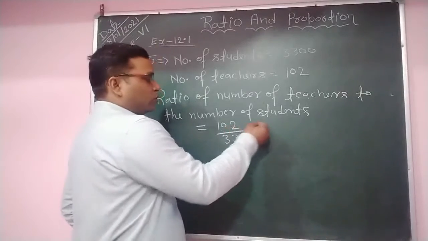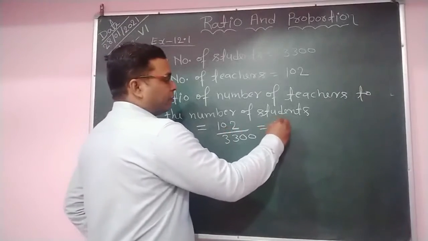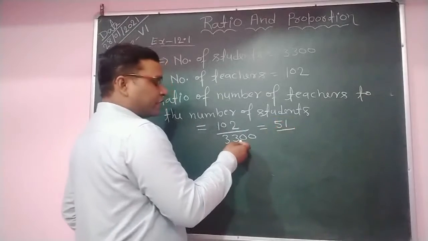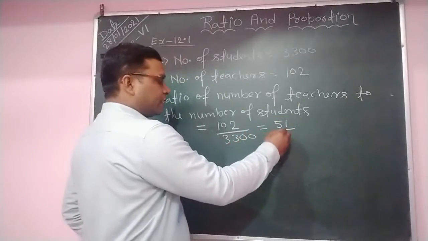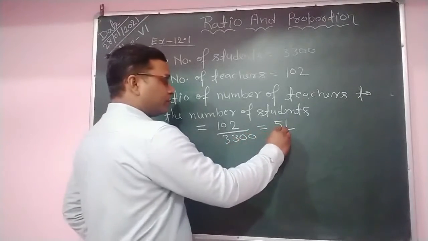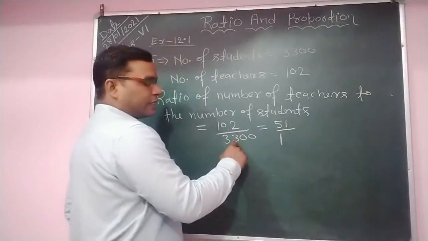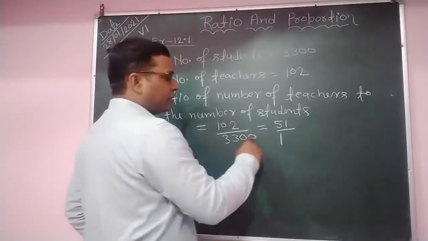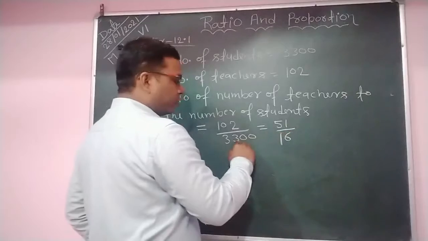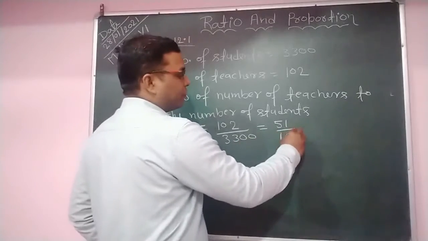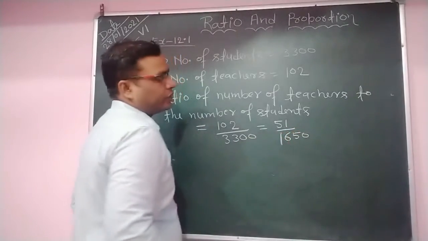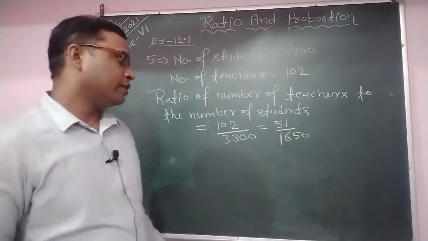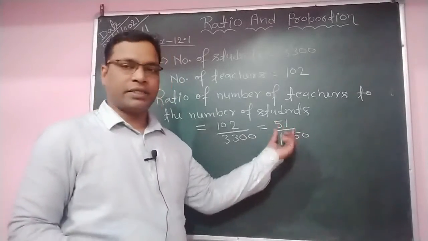If you cancel it by 2, you get here 51. Again here we cancel it by 2, so we get 1650. Okay. So again you can cancel it by 3.